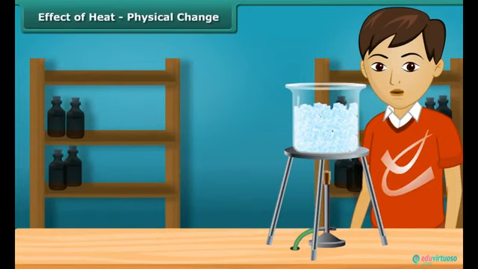Let us now look at how heat affects the change in state. On heating, a solid changes to liquid and a liquid changes to gas. Conversely, on cooling, gas loses heat to change into a liquid and a liquid loses heat to change into a solid.